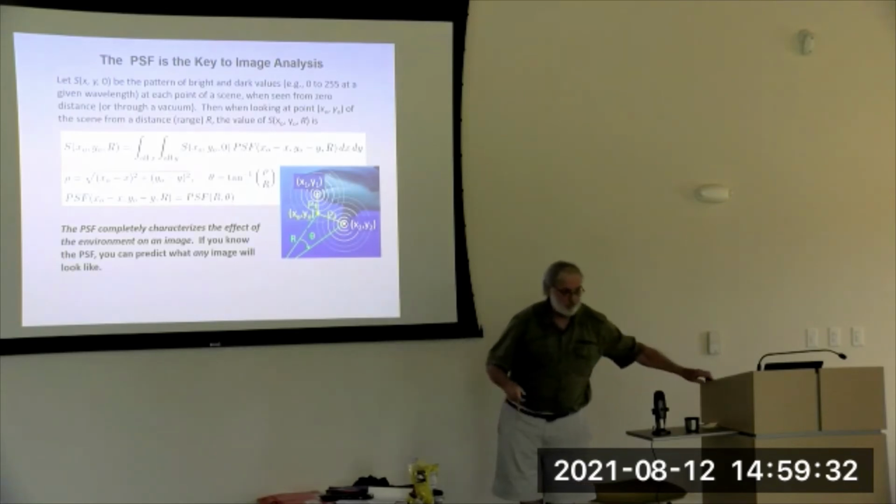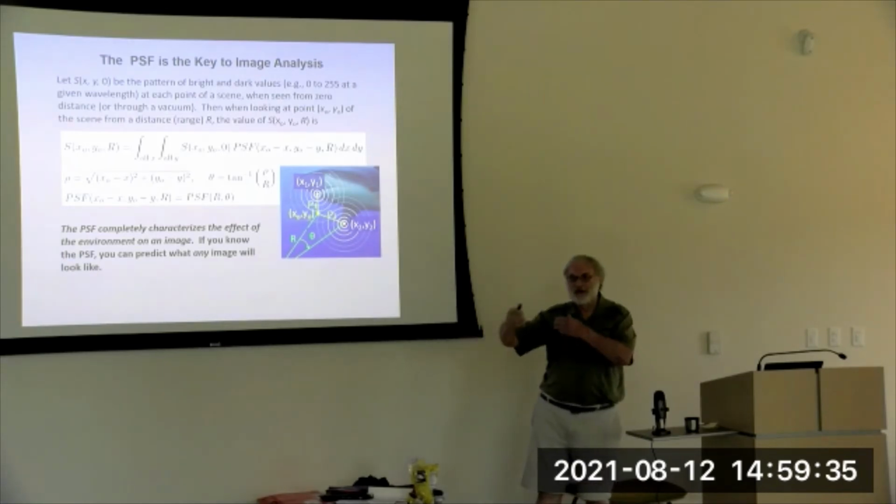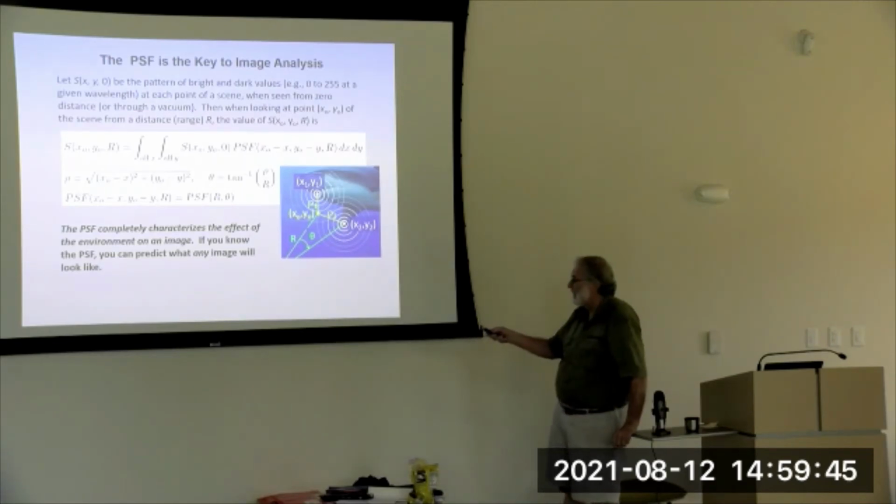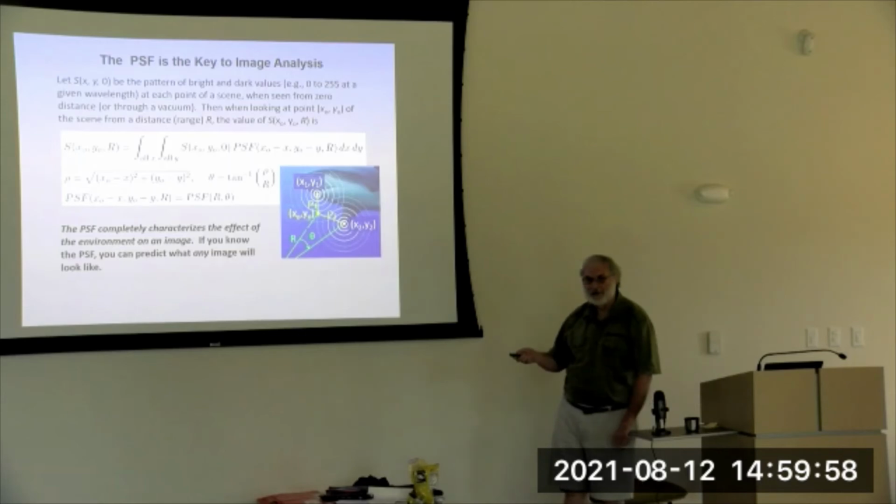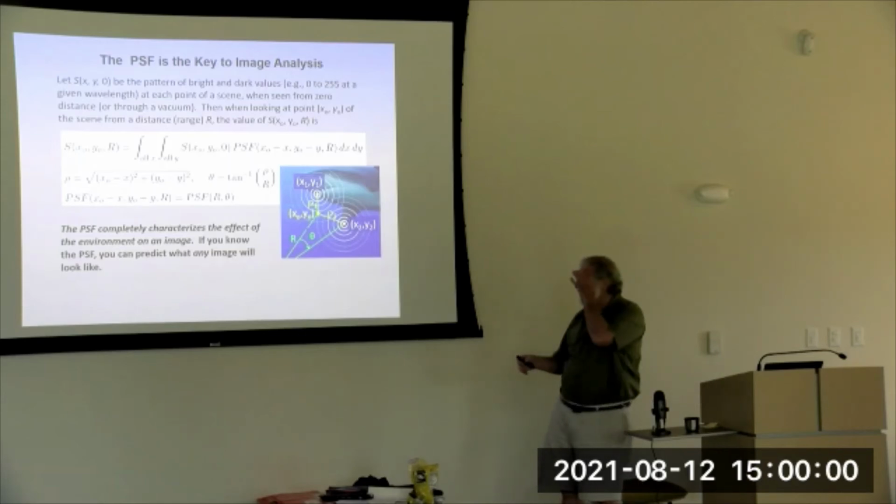Okay, so you can have a point spread function for the water, for your eye, for the camera, for the sea surface, whatever it is. It just totals up how the whole scene affects the point you're looking at. And normally, if I want to predict this image, I'm going to use this for every point in the image, and I'm going to do this integration for each of those points over every point in the image. So it becomes computationally horrible.